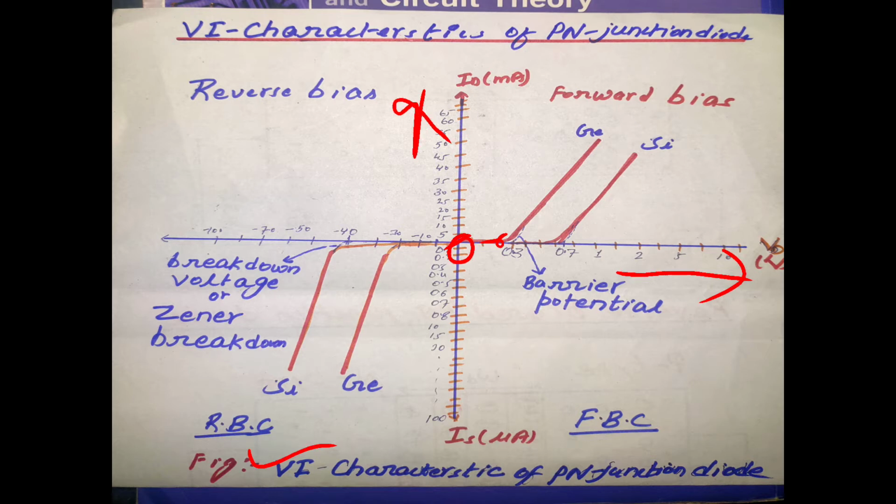Then also we will notice that there is no change in the current, and now we have increased to 0.3 volt. Then you can see over here that 0.3 volt is the barrier potential for the germanium. So here we have applied a biasing potential of 0.3 volt.